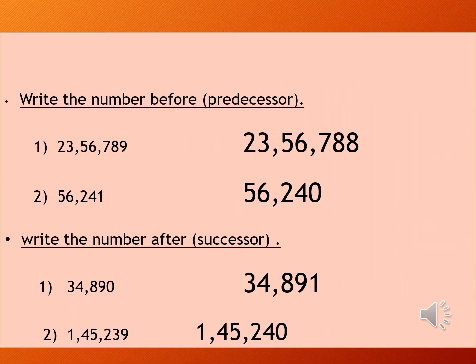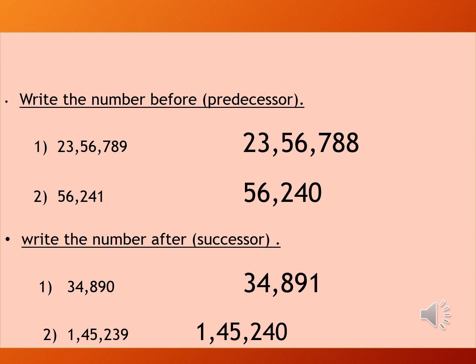Now we can find the predecessor of the given numbers. The first number given is 23,56,789. Its predecessor is 23,56,788. Second question, 56,241. Its predecessor is 56,240.